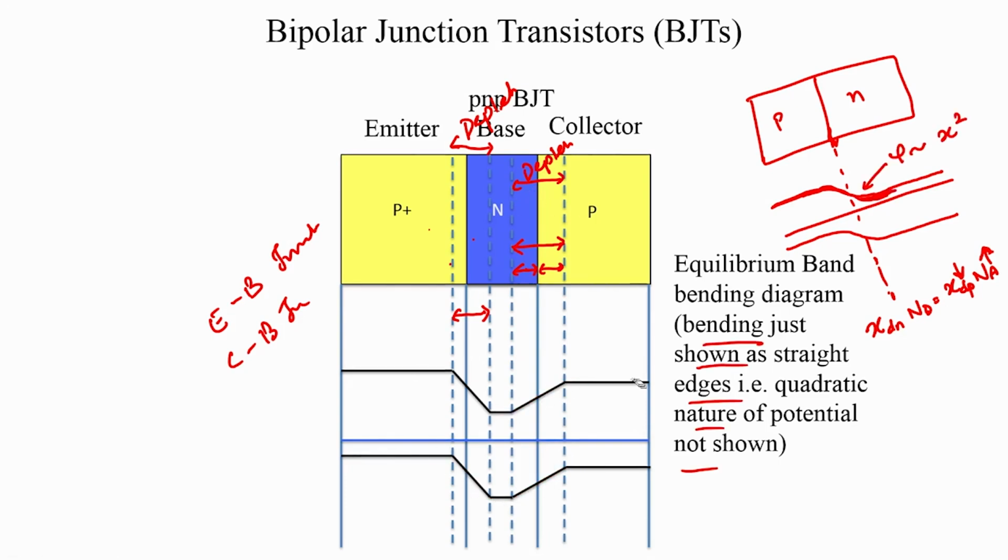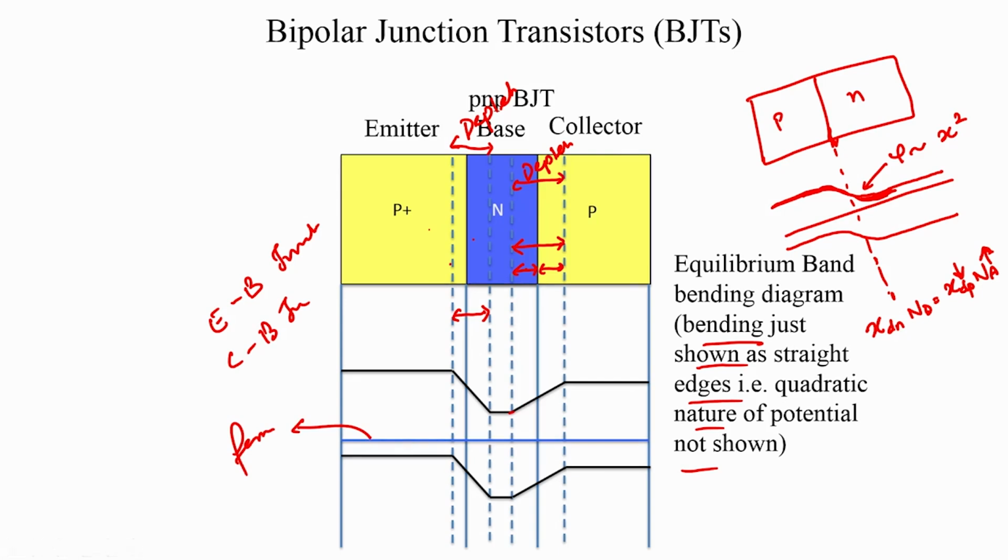So here your P plus N junction gives you a band bending, and then your NP junction gives you a band bending of this kind, and therefore this is your equilibrium state band bending diagram, with the Fermi level aligned and shown by this blue line here.